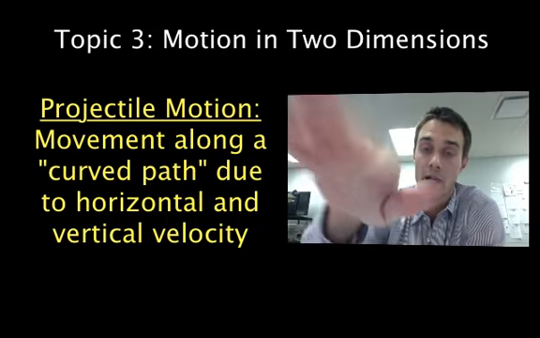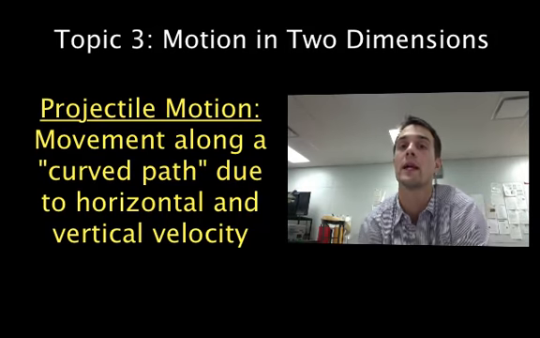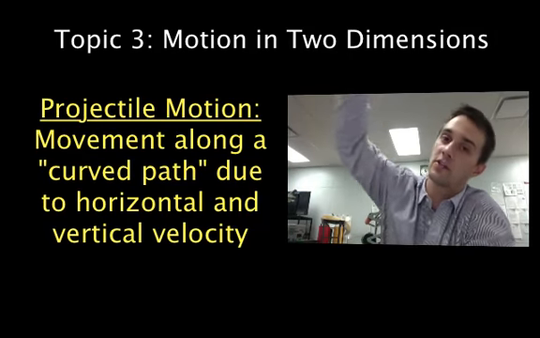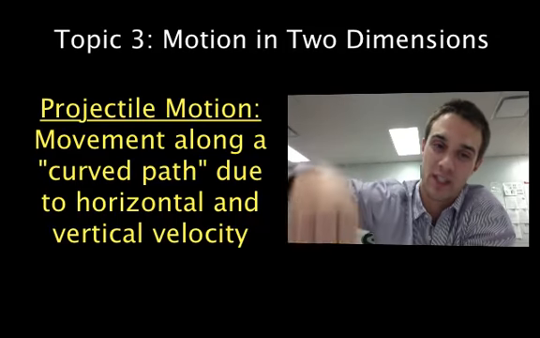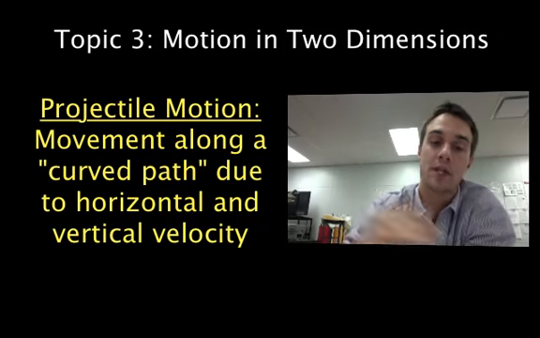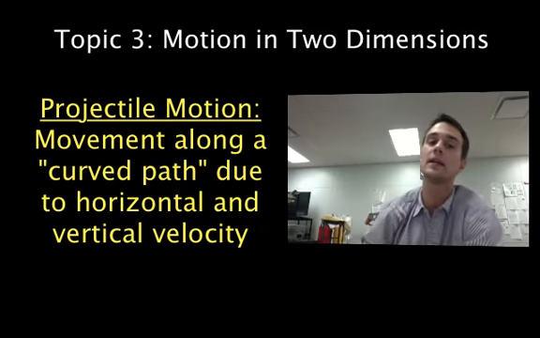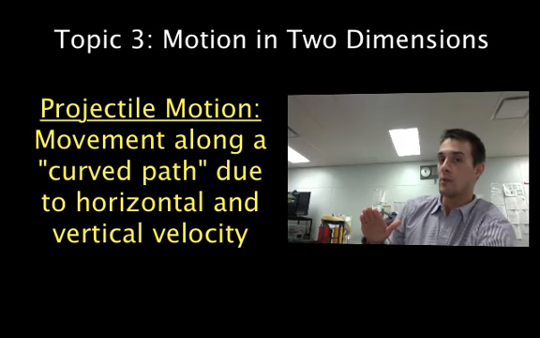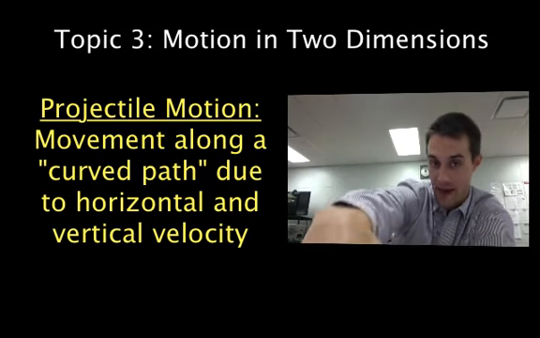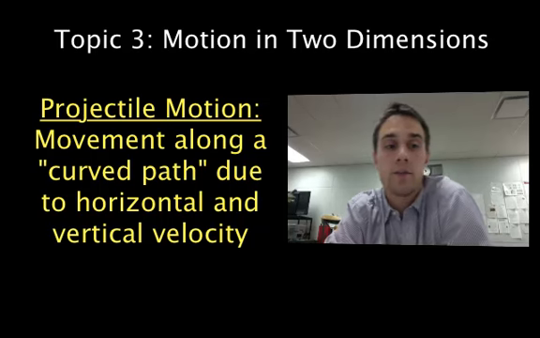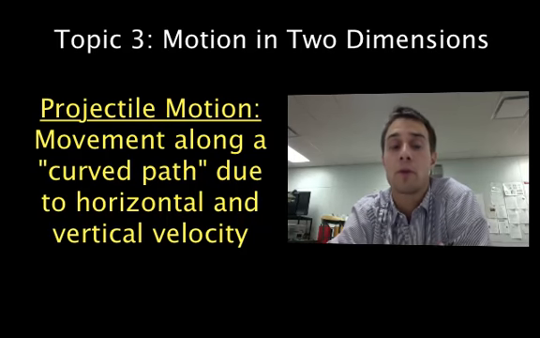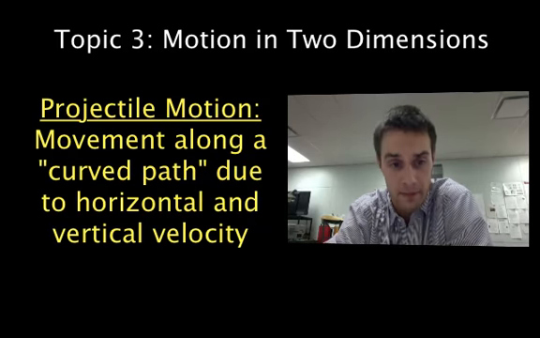Horizontal, as you throw it on a horizontal plane towards home plate, and vertical, as gravity does work on it and pushes it downward. Projectile motion, therefore, typically describes motion of a curved path. An object takes a curved path due to both the horizontal and vertical movement of it.